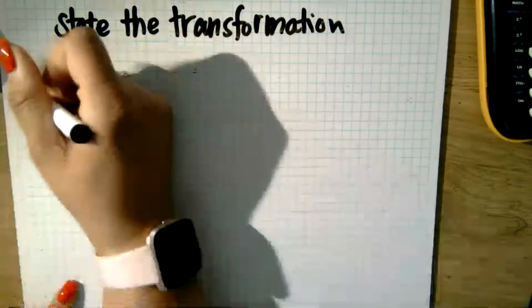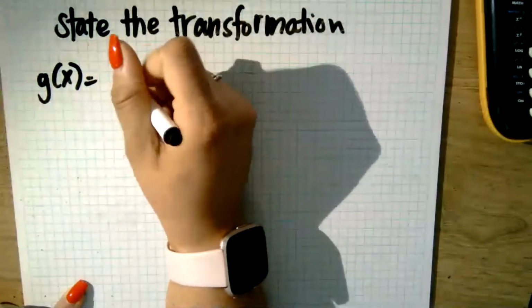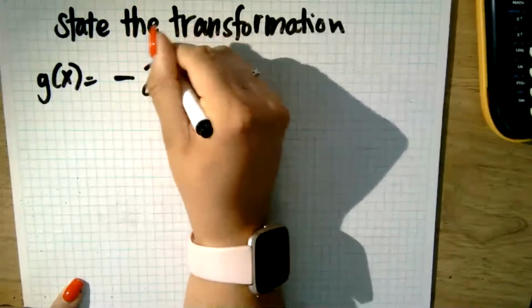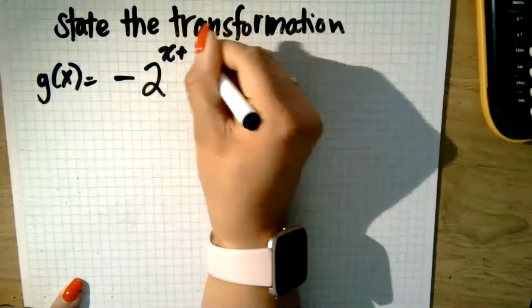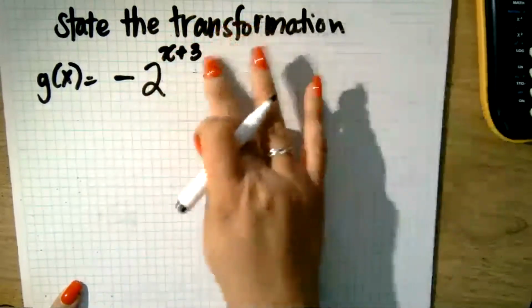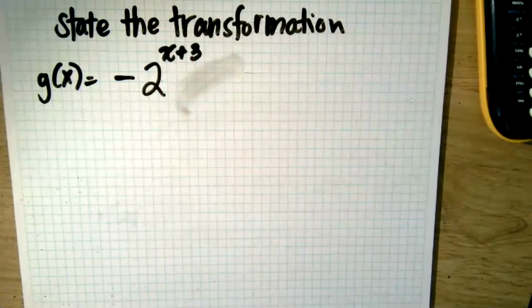Let's do another example. g of x is equal to -2 to the x plus 3. Let's see what's happening here.